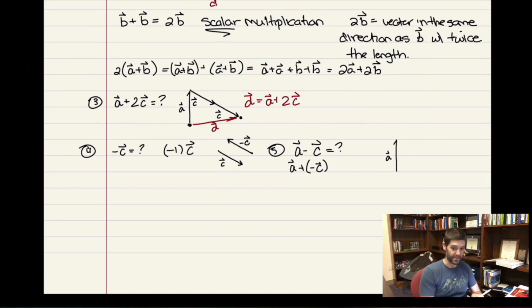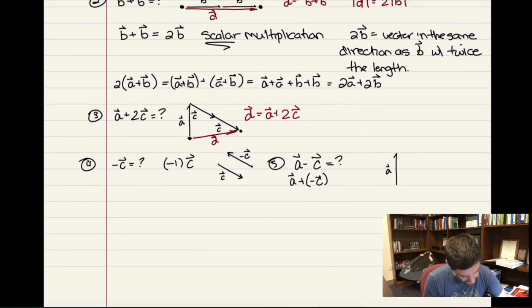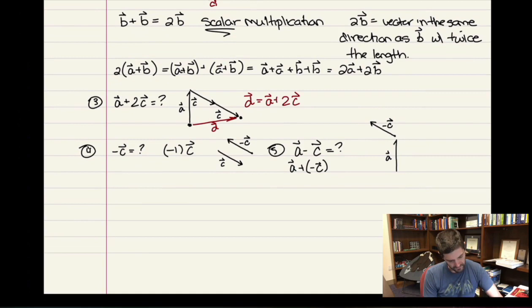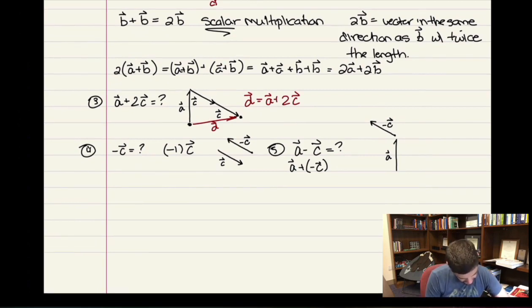So if I wanted to do the same rule where I put the end of one vector at the tip of the other vector, I could pull from what we just did, I can pull the vector -C, and I could add them together. So I could put something like this down, and then my final result, which I'll do in red again, starts here, points out here.